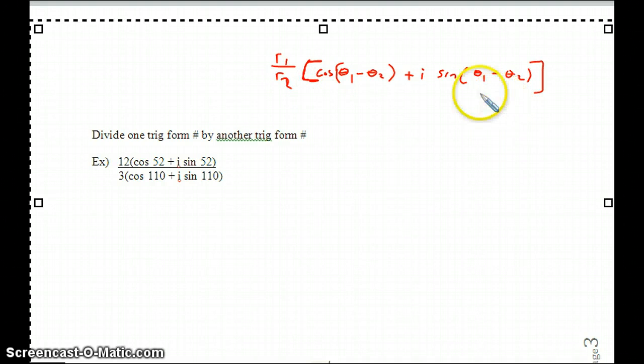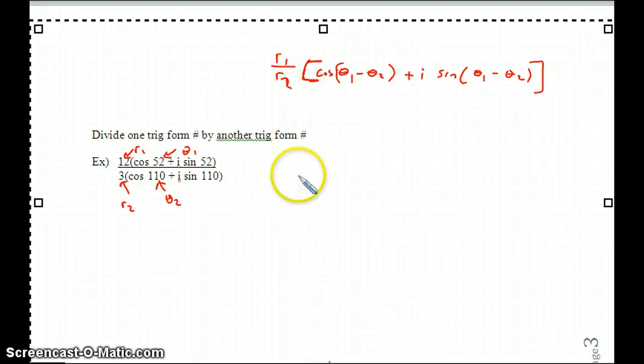Again, what we're going to need to know is r1, r2, theta 1, and theta 2. So here is r1, it's 12. There is r2. Here is theta 1, 52. And here is theta 2, 110.